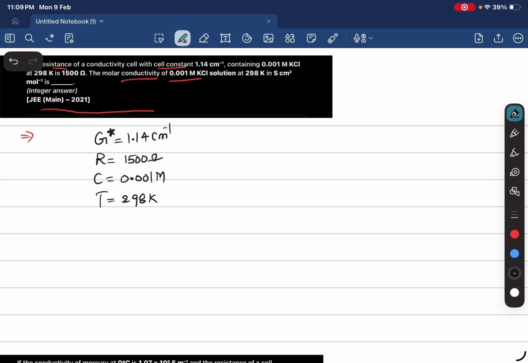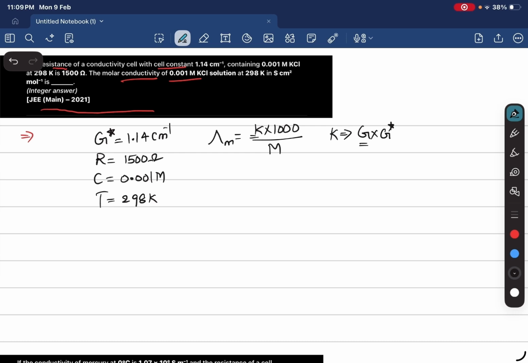First, they are asking lambda m, which is kappa into 1000 by molarity, but you cannot get kappa directly because it isn't given. So kappa can be found from G into G star.